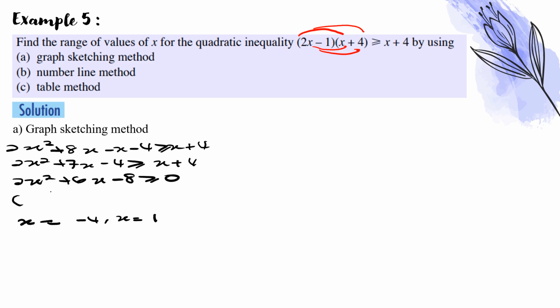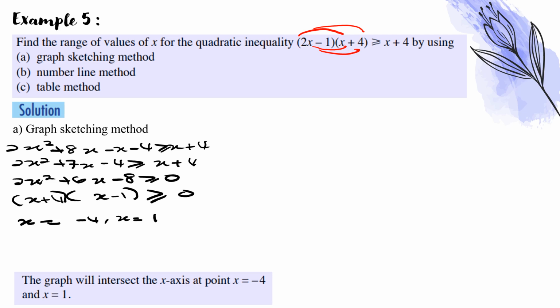So like I said, don't forget the factorization, which is (x plus 4)(x minus 1) more than or equal to 0. So you will get 2 points here, which are x is equal to negative 4 and x is equal to 1.